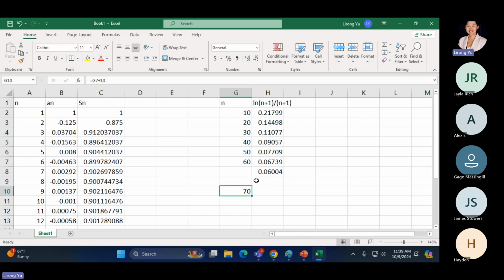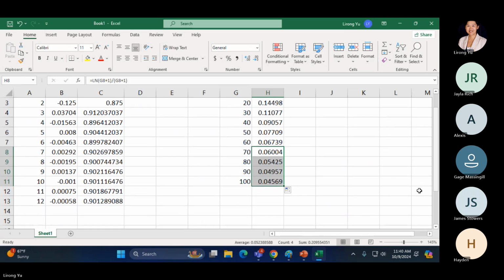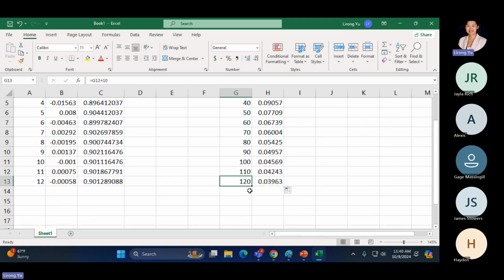0.026 is still not small enough. I want to see the tendency, with the number going lower, what n should be. And this is what happens with the natural log. It's one of those numbers that don't grow large enough.